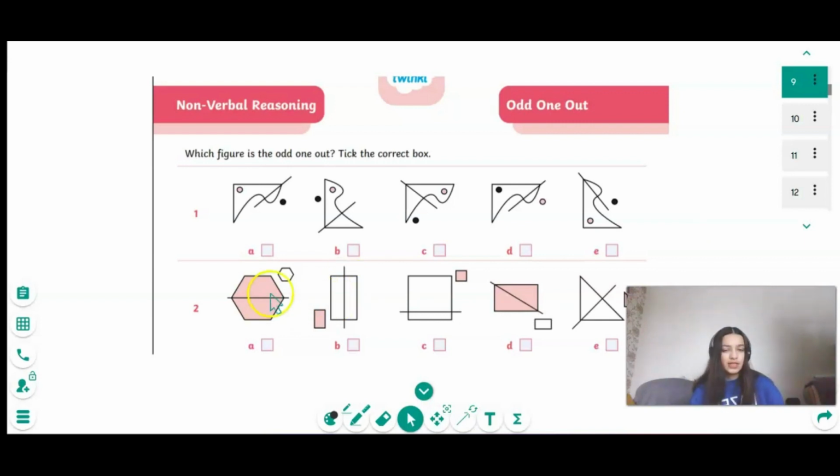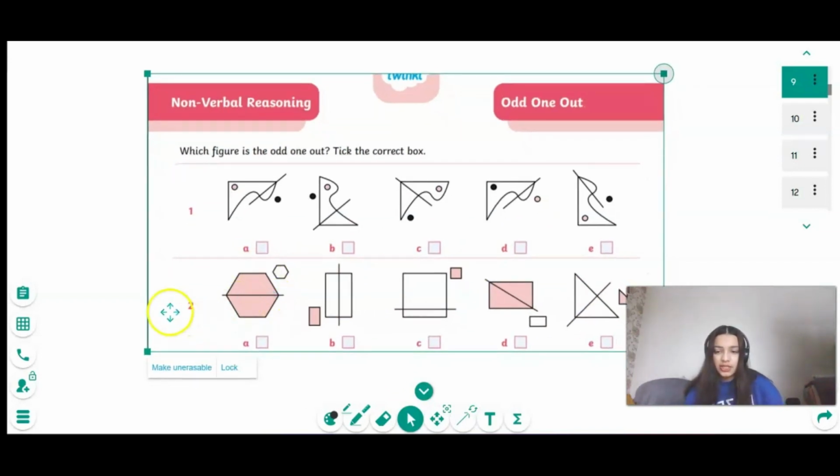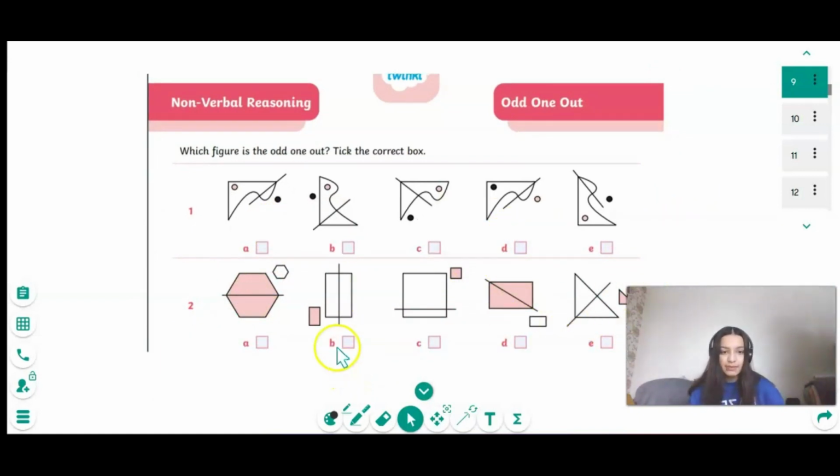Okay, so the very first thing I'm going to look at is the shape. So I've got a hexagon, then I've got a rectangle, then a square, a rectangle, a triangle, and there's always this smaller shape on the outside. It's always the same. There's nothing odd about that. Maybe it's the color. So let's have a look at the colors. We've got pink, we've got white, but then that one's also white, so that's not odd.